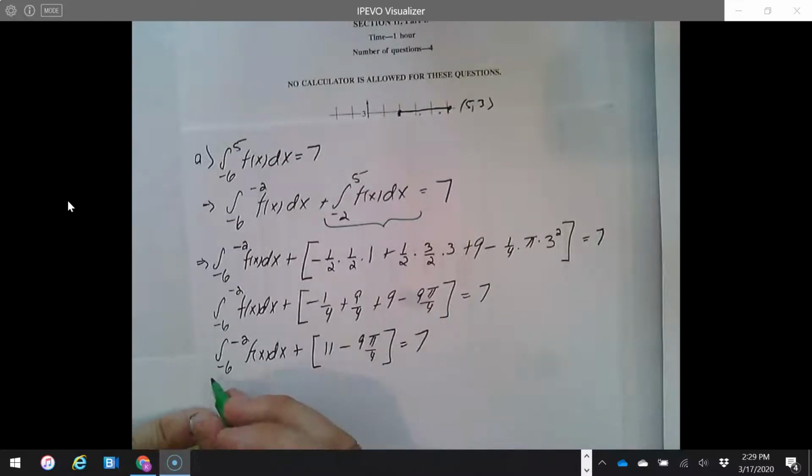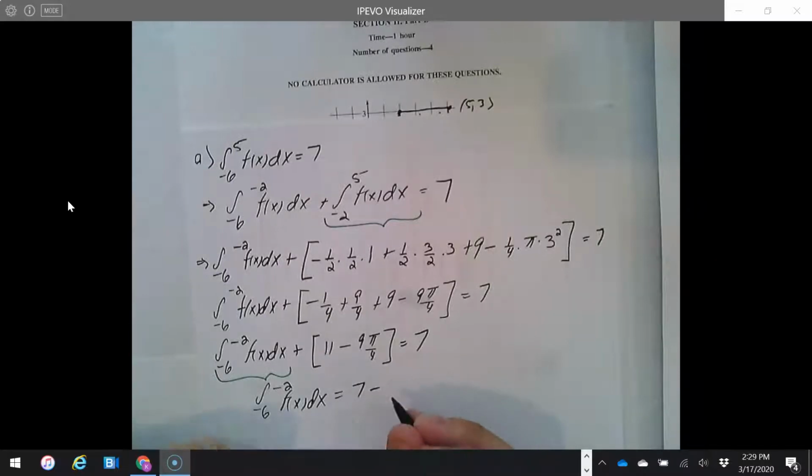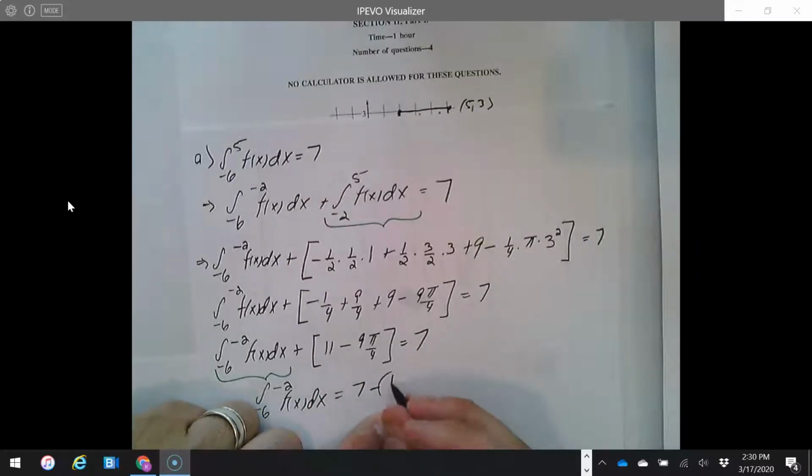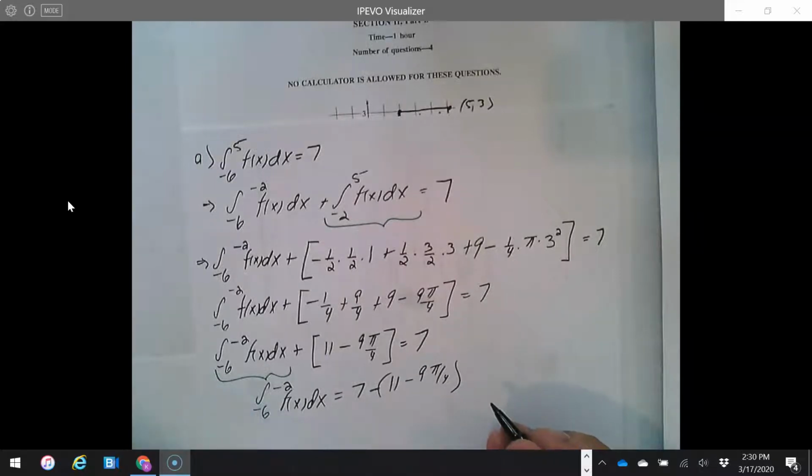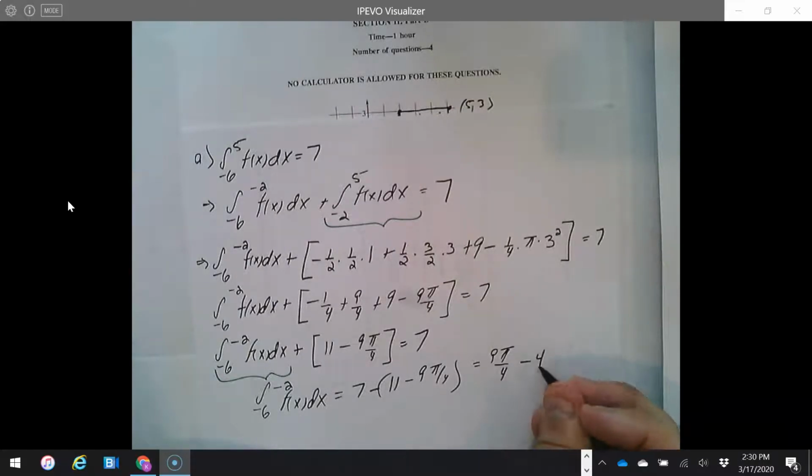I want this part here, so I'm going to say then that the integral from -6 to -2 of f of x with respect to x is going to be 7 minus 11 minus 9 pi over 4. You can simplify if you want to. There's no need to. The simplified version is 9 pi over 4 minus 4.